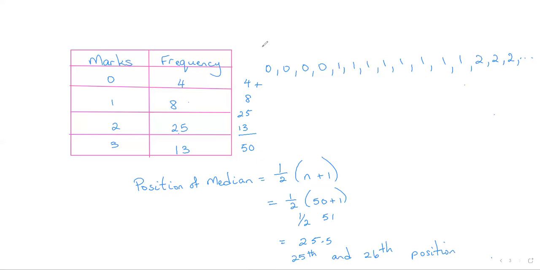Now, in order to find a number in that position, you'd have added or you'd have counted until you reach the 25th and the 26th number. So you'd have gone 1, 2, 3, 4, 5, 6, 7, 8, and you'd have counted going along here. But again, we don't have that time.